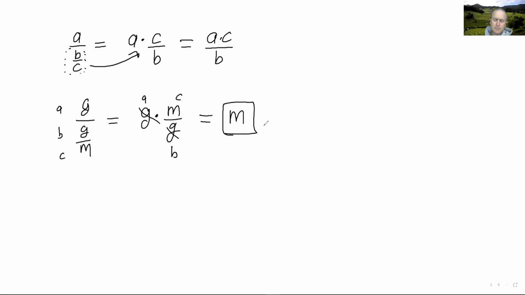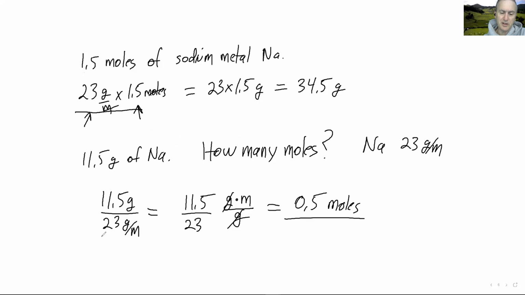And then in the book, they do this particular one a little differently. They do this calculation and they write it in a weird way, which is a little bit confusing. They write this as equal to 11.5 grams times 1/23 moles per gram, right?